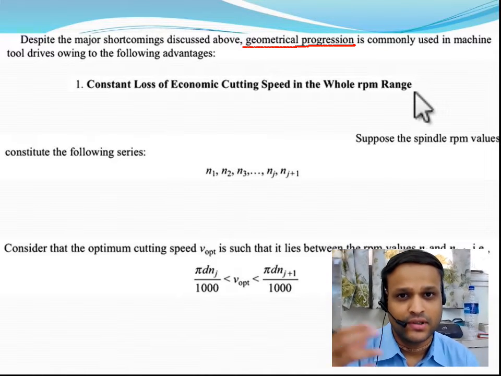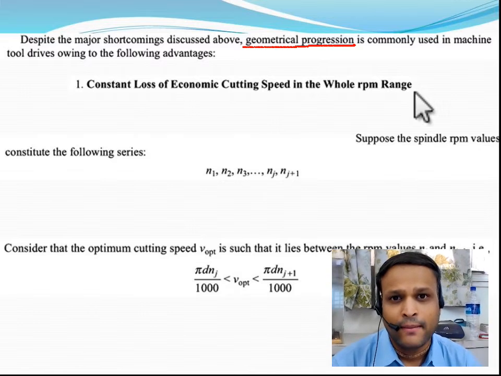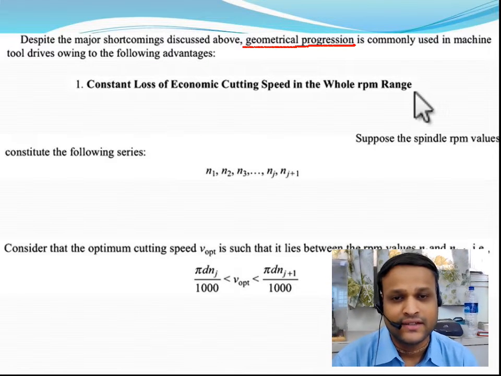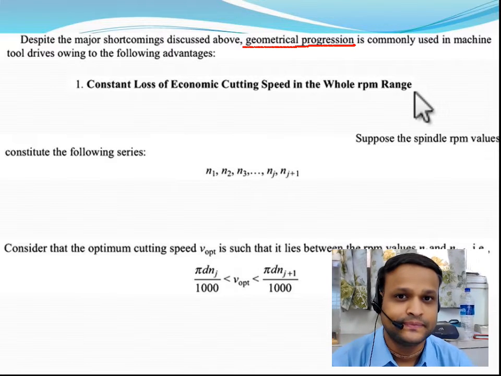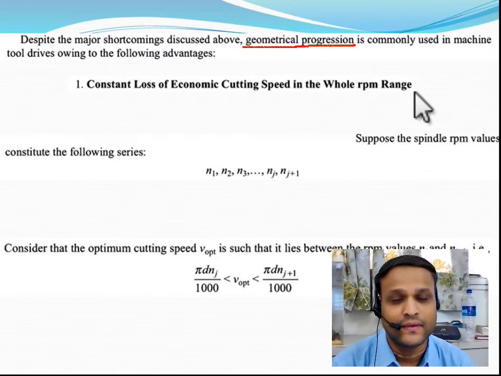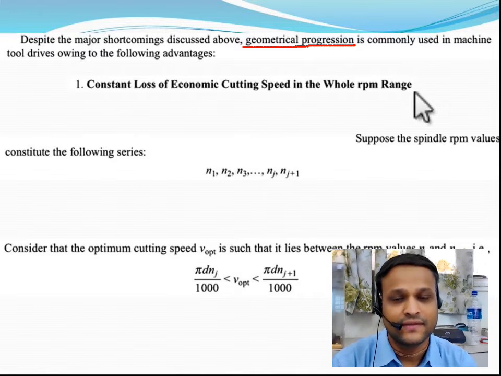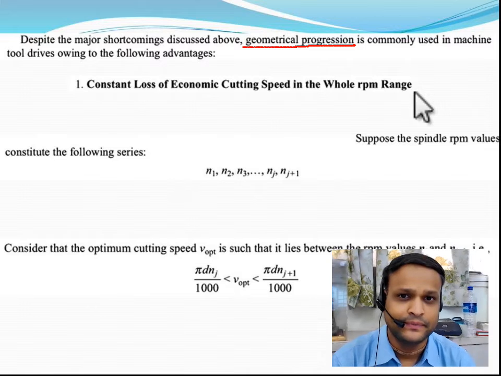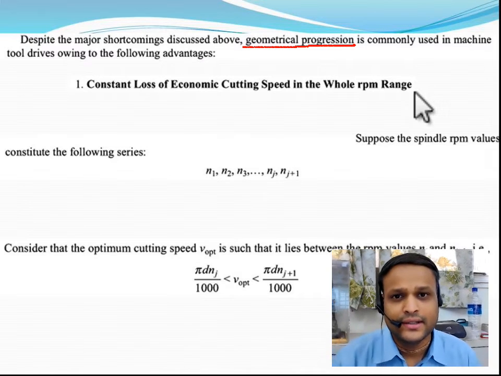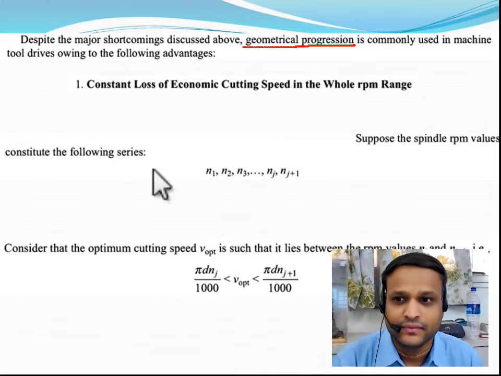You may be machining in a lower or a higher speed range, but despite these variations, that deviation should be constant. That is one of the requirements in the industry, so that the repeatability of the product, the surface topography it produces, remains unaltered. Let us see how geometric progression satisfies this condition.